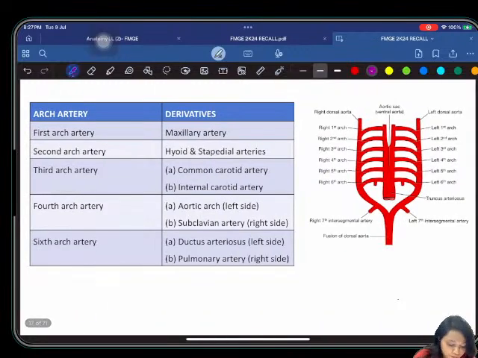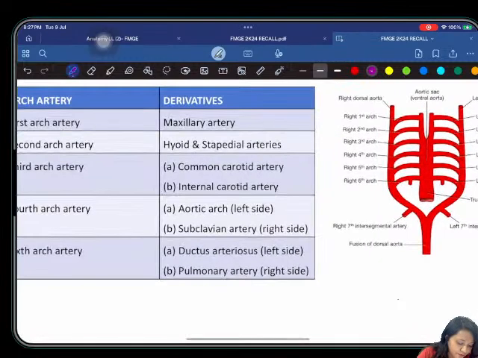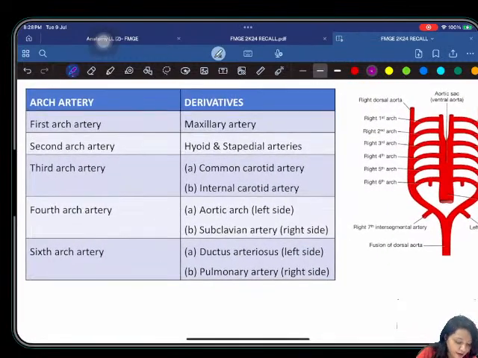So you know that the arch artery and the derivative. So you have to remember this table. From the first arch artery, the artery developed is your maxillary artery. From the second, it is hyoid and stapedial arteries.